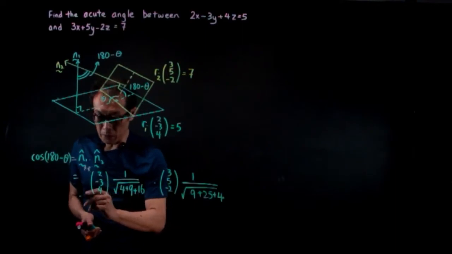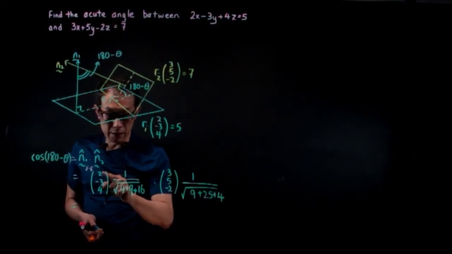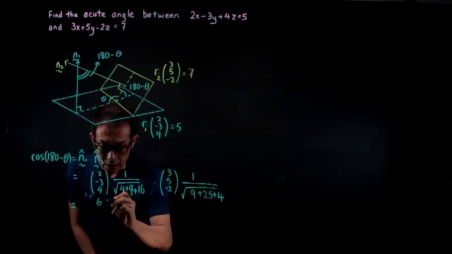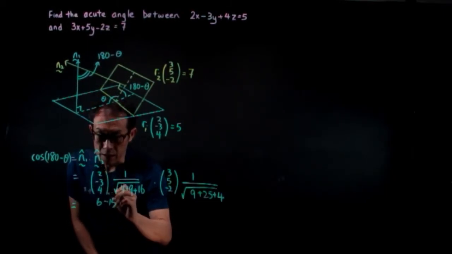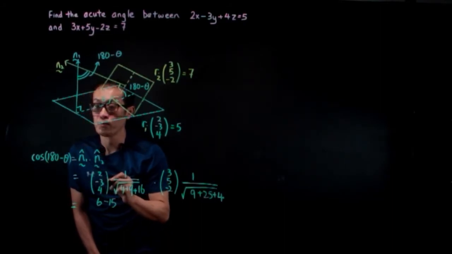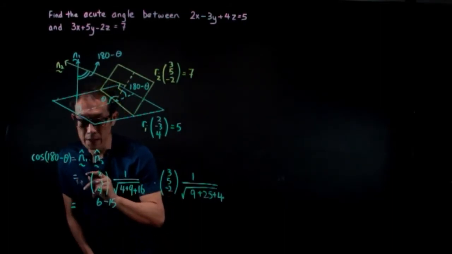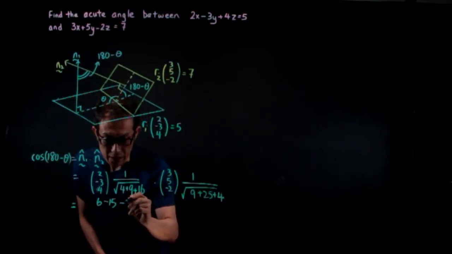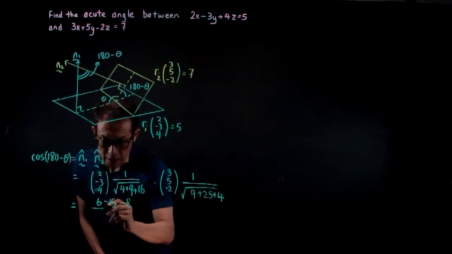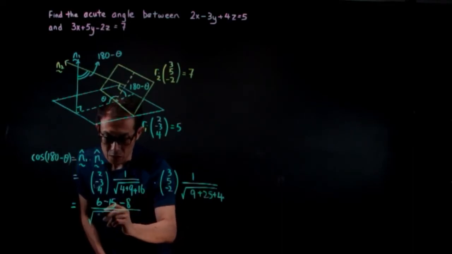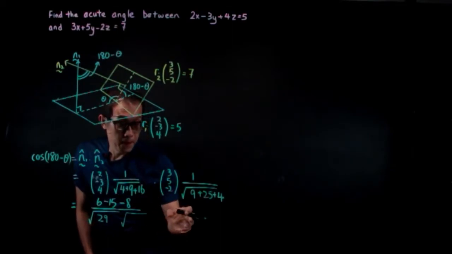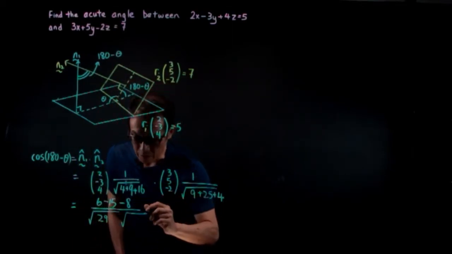Now if I do the dot product, what will I get? Here I will get 6, then minus 15. Sorry, this will be 6, then minus 18, and over here minus 8. Then this will be over the square root of 29 times the square root of 49.